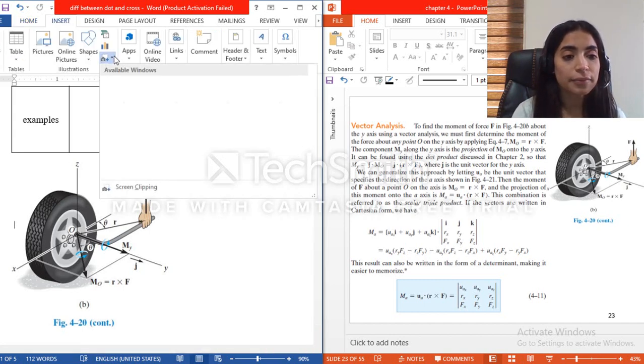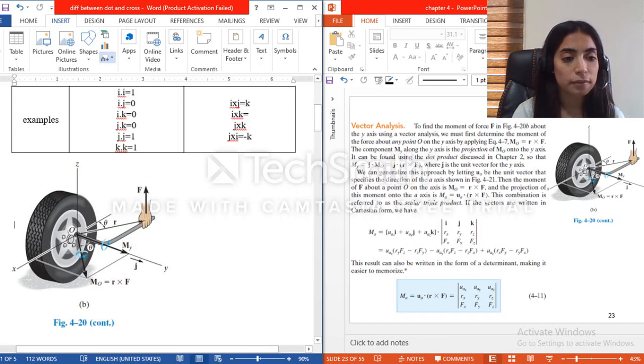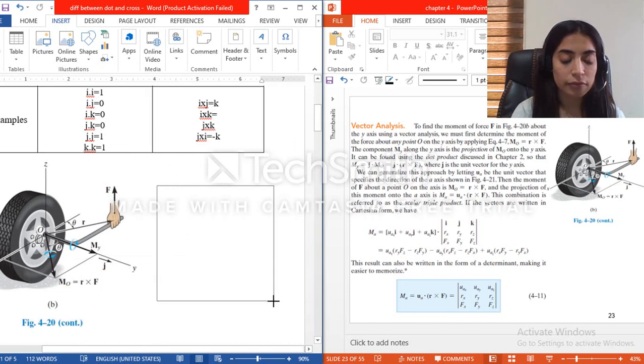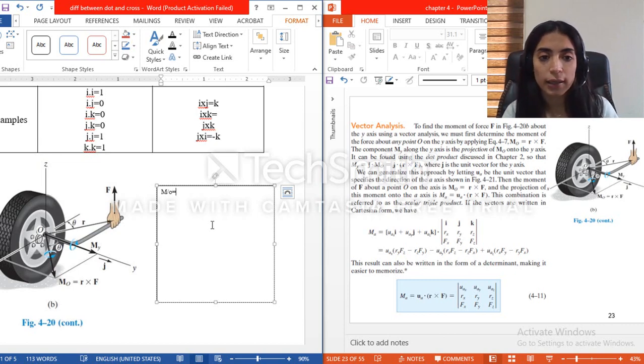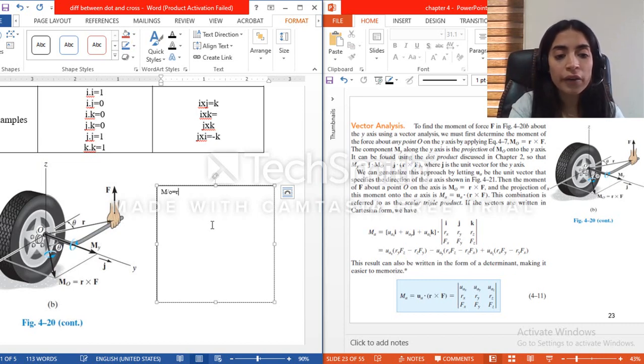I know basically that M around O is a vector that is equal to R vector cross F. Now what is R?